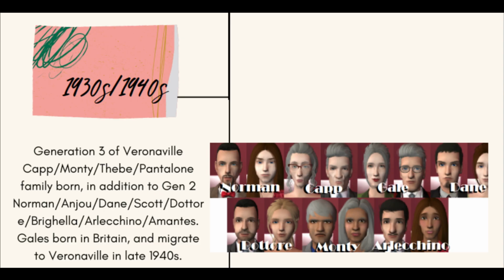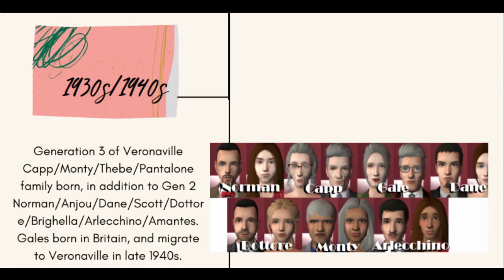Now we are moving on to Generation 3 of Veronaville, and this consists of the grandkids of the original 8 families, so Consort, Contessa, Isabella, and Patrizio. And we have the children of the migrant families, which includes the children of the Normans, the Anjous, the Danes, the Scots, the Dottores, the Brigellas, the Arlecchinos, and the Amantes.